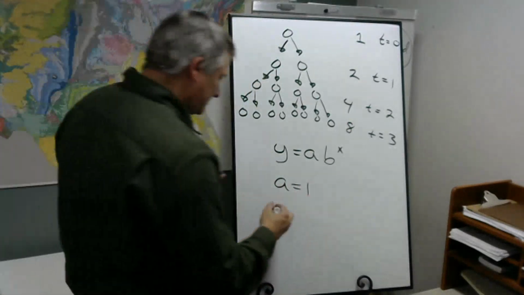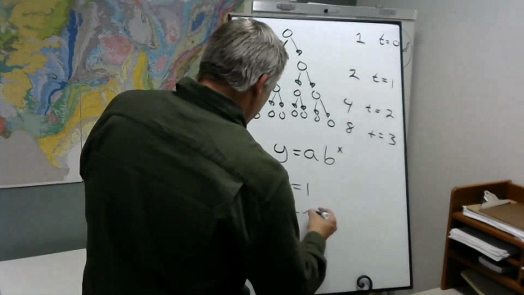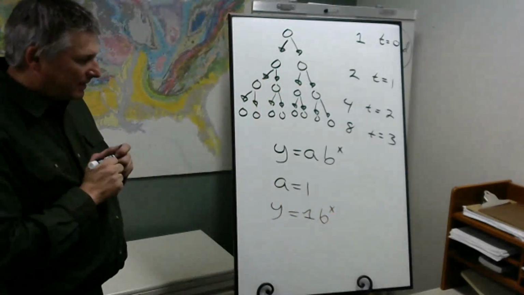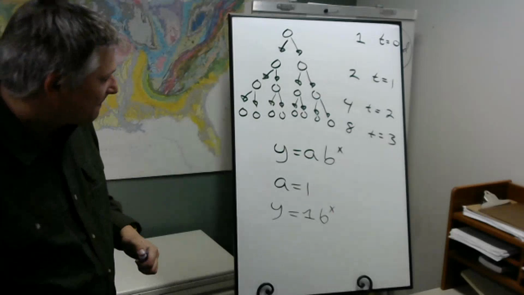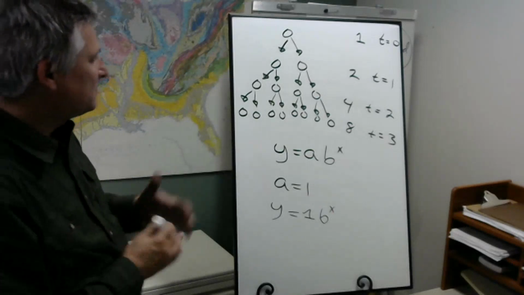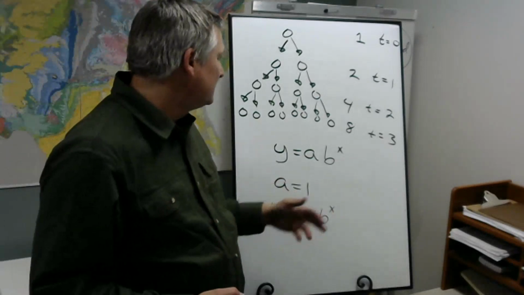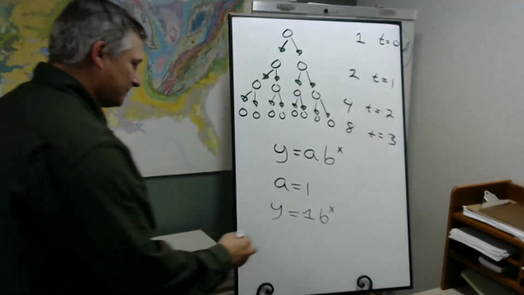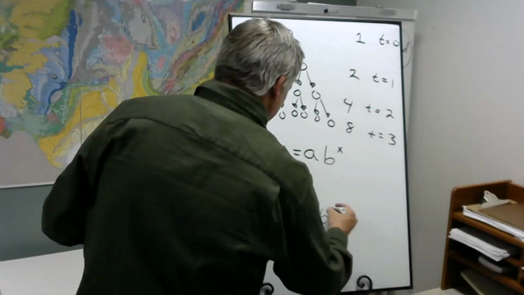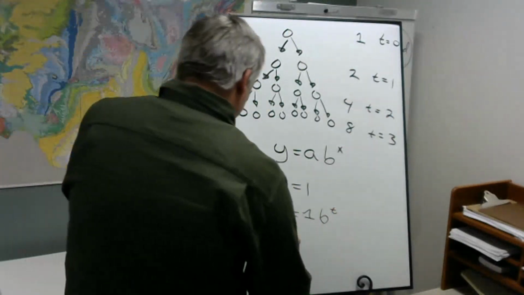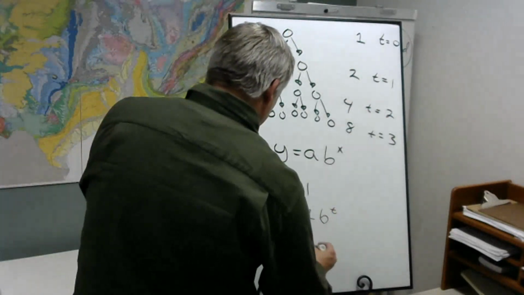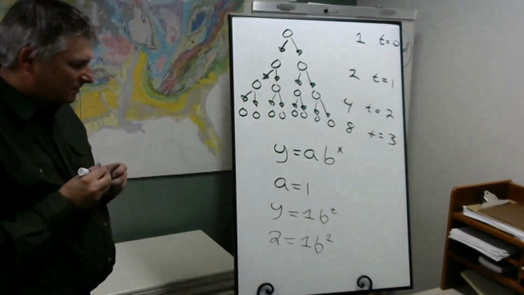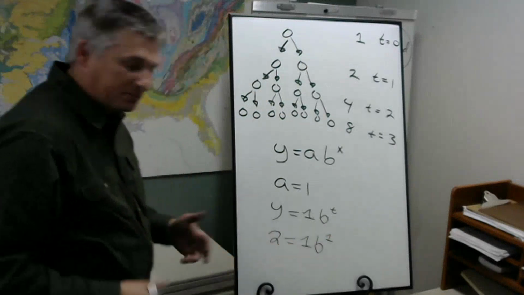So that's our initial value, and our formula is now 1 times b to the x. And we just need to find b. So we could use some data here. We could say, well, when t is 1, we had a population of 2. So let me replace this with a t. If a population of 2 when t is 1, well, b to the 1 is just b.